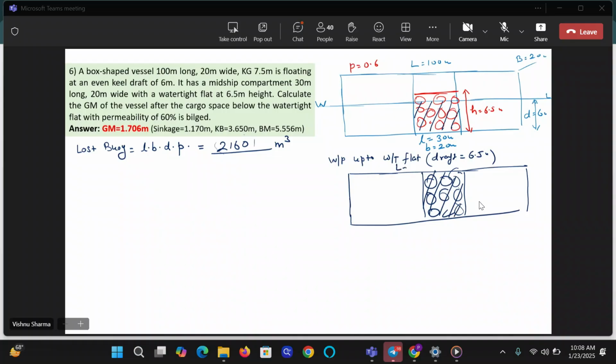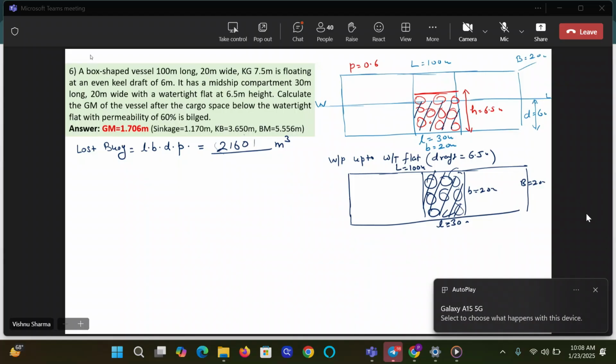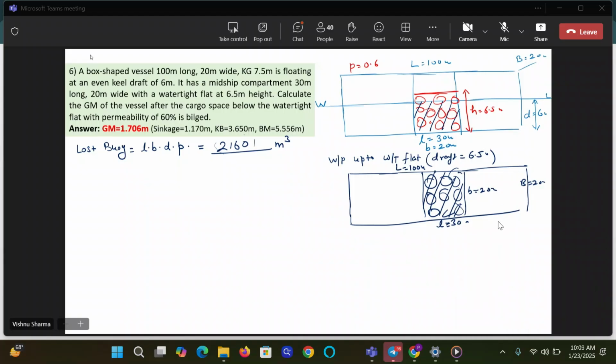Because of the cargo being there, you have cargo here and there will be a loss of water plane. Does everybody agree with this, what I have said, or do you have any questions to ask? Tell me, guys. Does everybody agree? Is this the watertight flat up to 6.5 meters, guys? Yes or no?